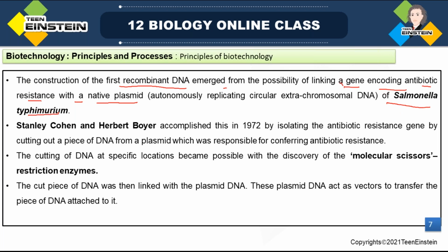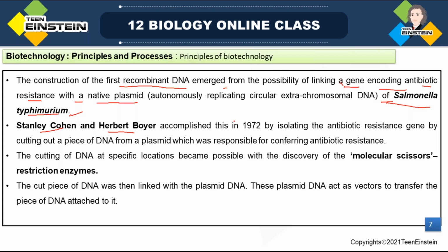First recombinant DNA, from where did it come? A gene encoding antibiotic resistance was linked with a native plasmid. Plasmid of which one? Salmonella typhimurium. Then Stanley Cohen and Herbert Boyer.